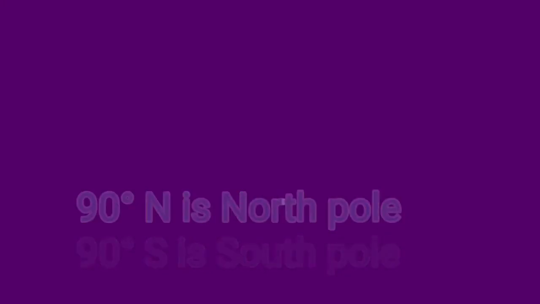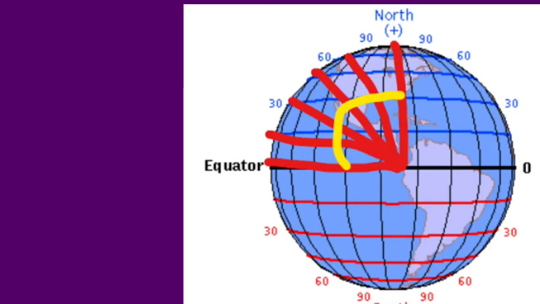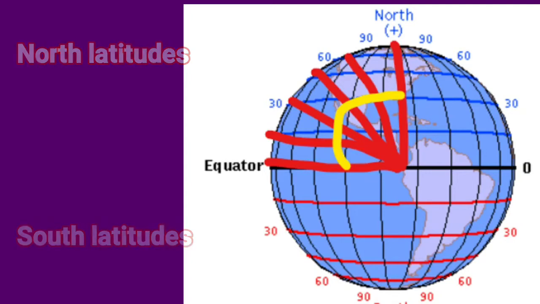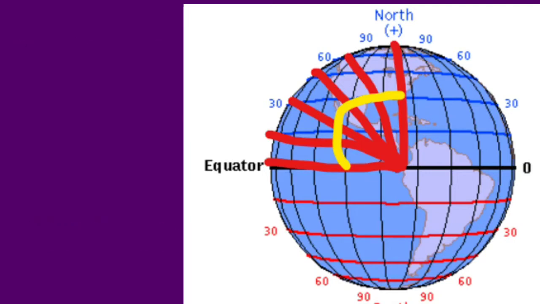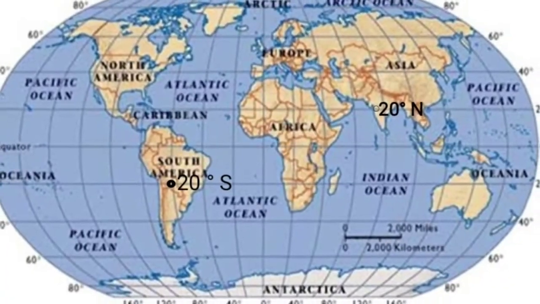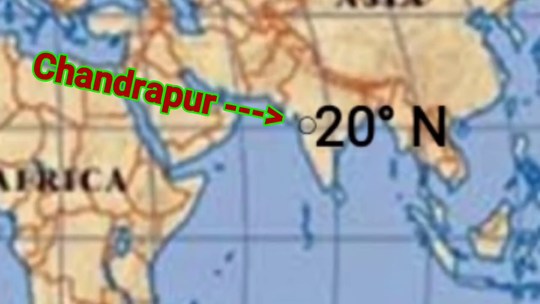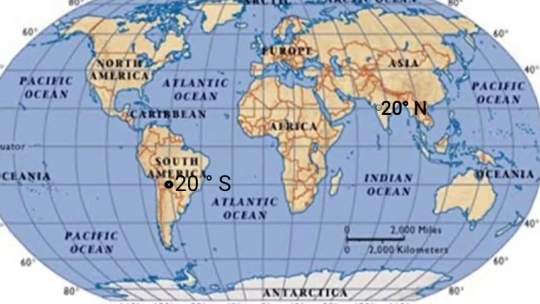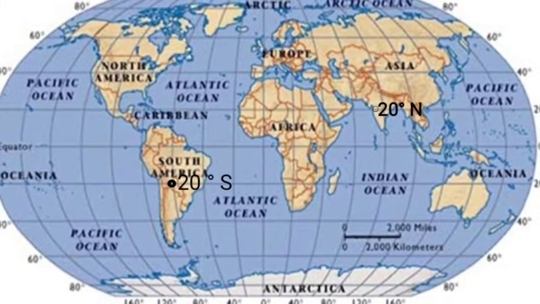So children, all the parallels north of the equator are called north latitudes. Similarly, all parallels south of the equator are called south latitudes. It is indicated by the capital letter S or N. Capital N for the northern and capital S for the southern. Children, now I am going to tell an example. Both Chandrapur in Maharashtra, India and Belo Horizonte in Brazil, South America are located on parallels of about 20 degree latitude.